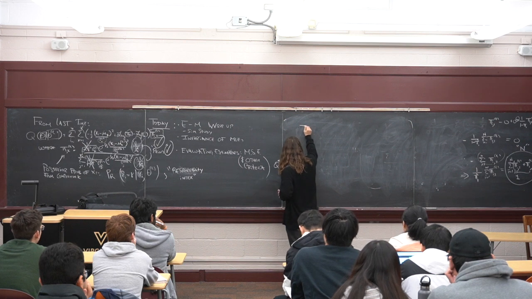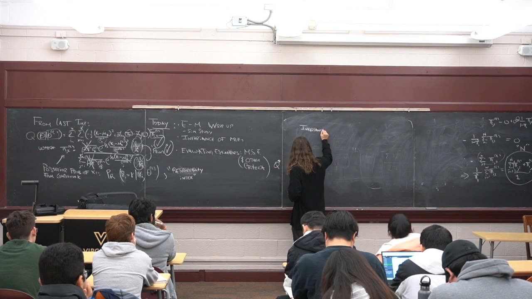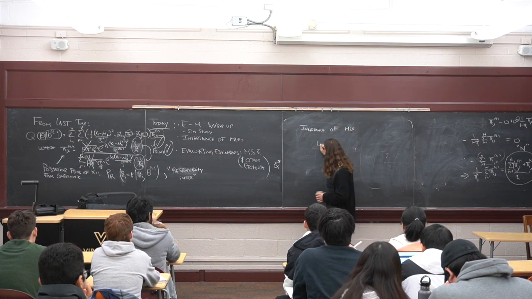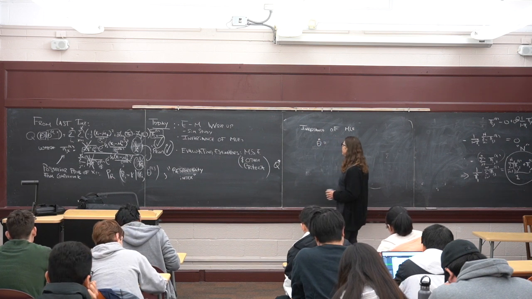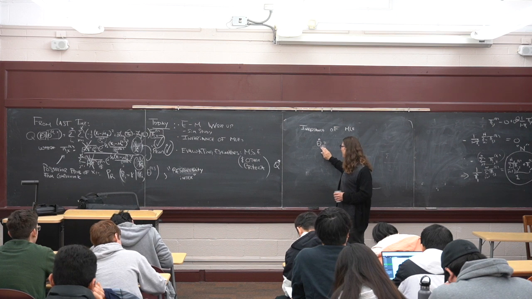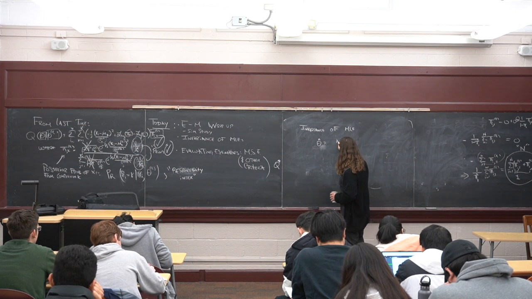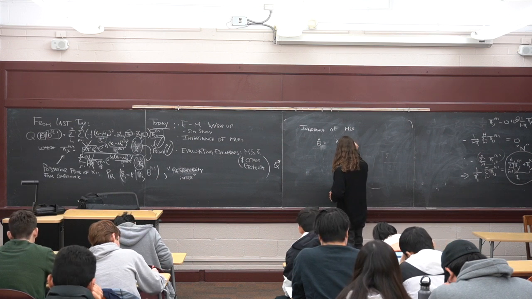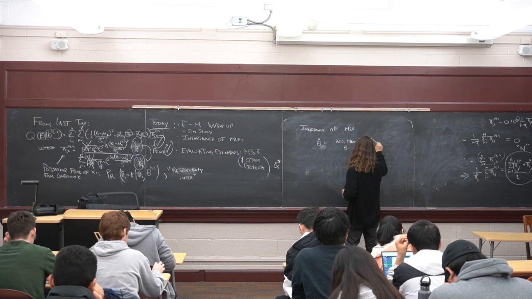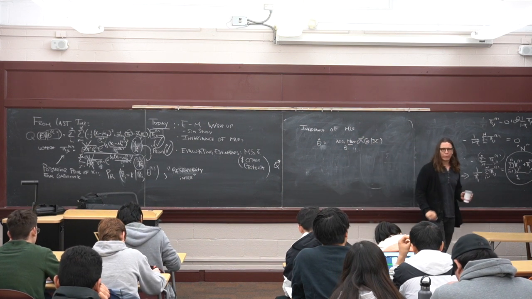Okay, invariance of the MLE. This says that if you have theta hat MLE, I'm just going to call it theta hat because we're only talking about MLEs here, this thing is the maximizer of the log likelihood of theta given x. They replace this maximum with the supremum operator.